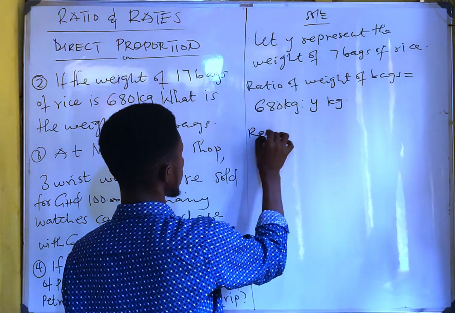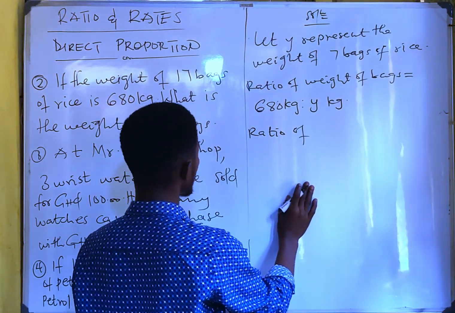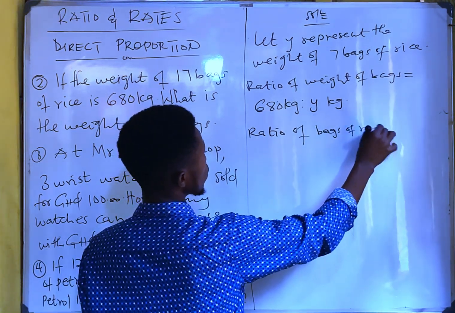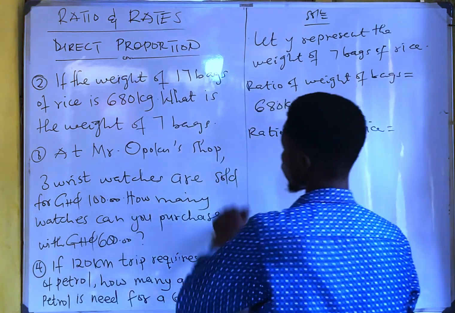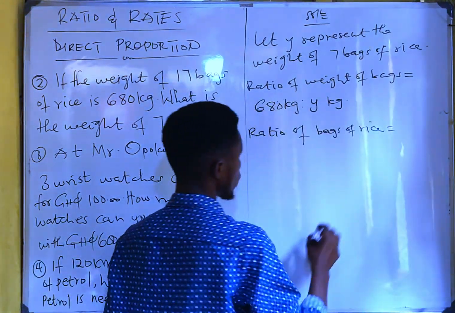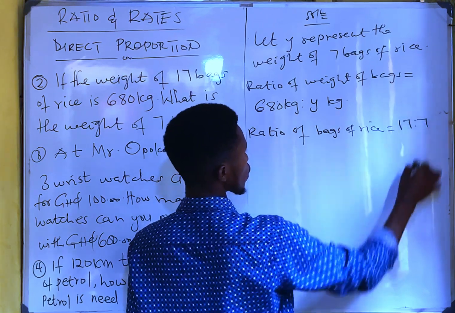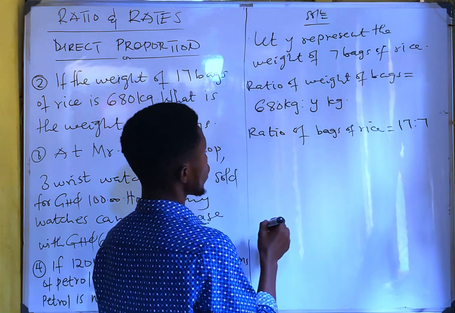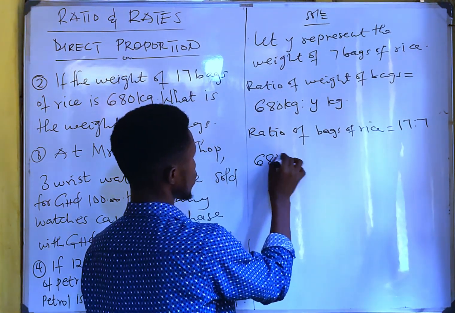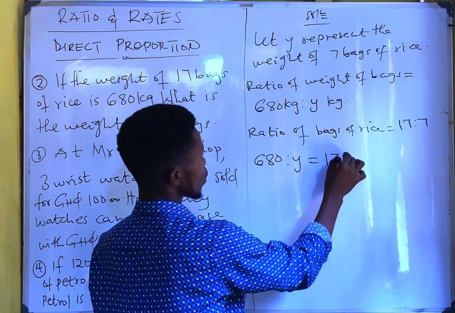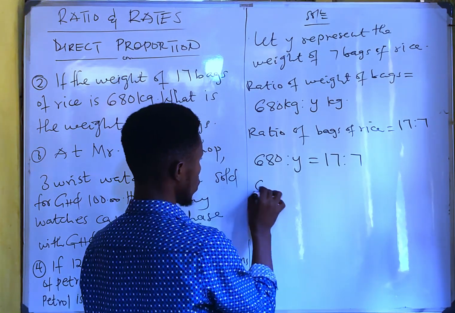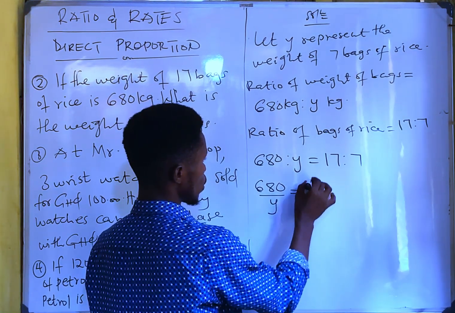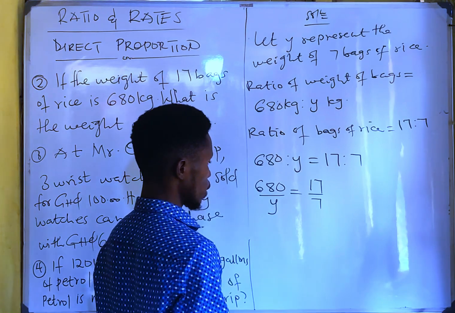Then you also look at the ratio of bags of rice, and that one is going to be 17 against 7. So by definition of proportion, we can have 680 is to y equals 17 is to 7. So this gives you 680 over y equals 17 over 7.